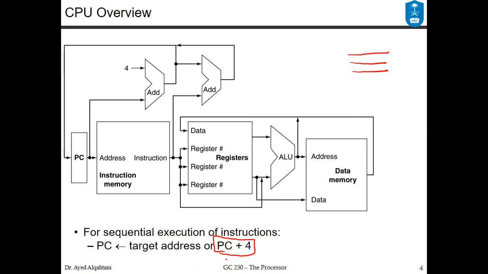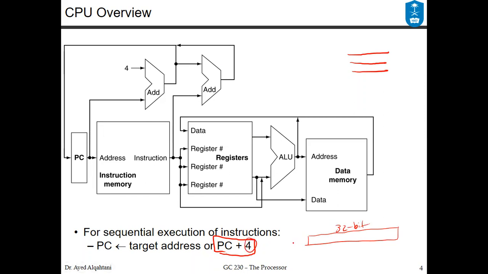and this will point to the next instruction. The reason we're adding the 4, we've talked about this in the previous videos, is basically because the instruction width is 32-bit, and 32-bit is actually 4 bytes.